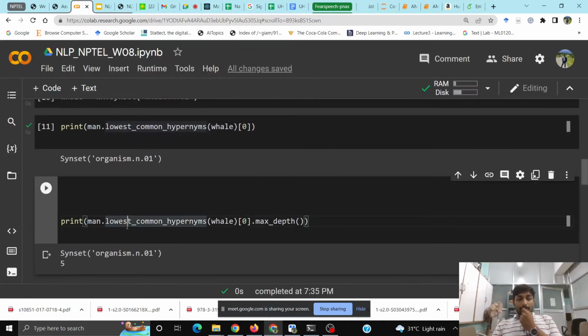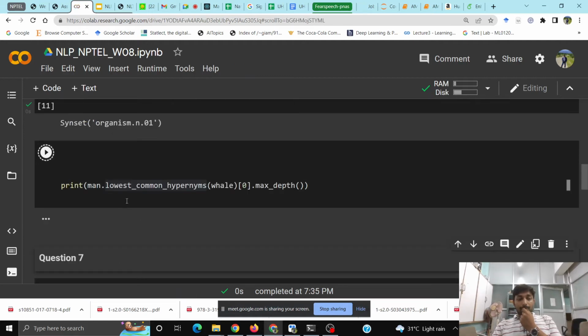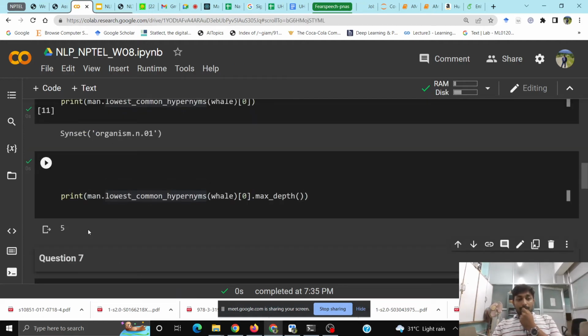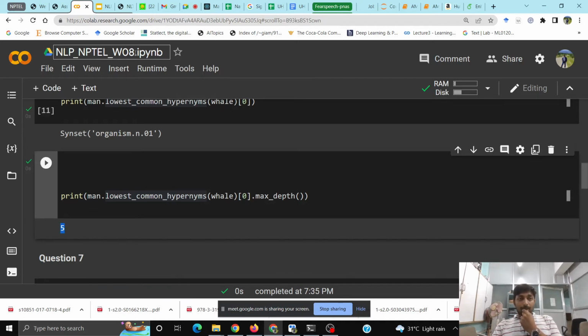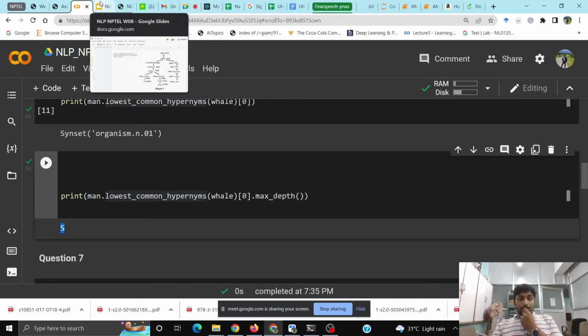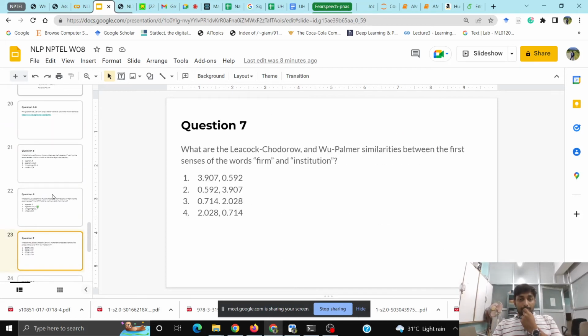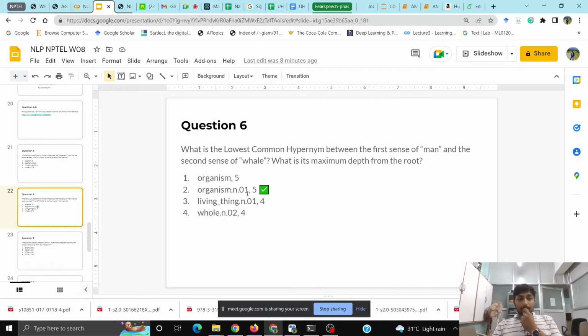So here we are trying to see the maximum depth between man and whale, which one has the maximum, and what is the maximum value? That is 5. So this question's answer will be organism n.01 and 5.